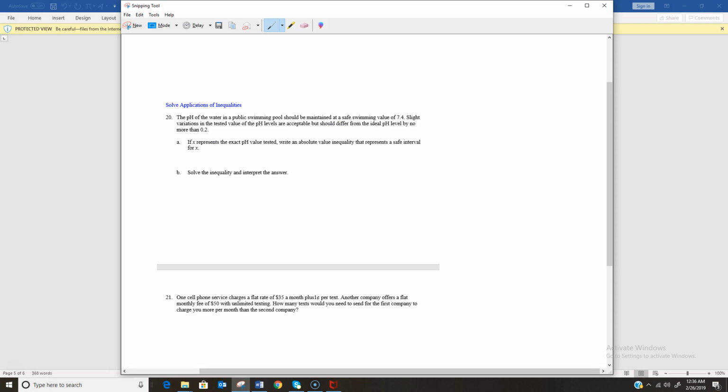So if x represents the exact pH value tested, write an absolute value that represents a safe interval. So they're saying we don't want to get more than 0.2 away. In other words, it could go up to 7.6 and it could go down to 7.2, and that would be okay. So x is supposed to be between 7.2 and 7.6.